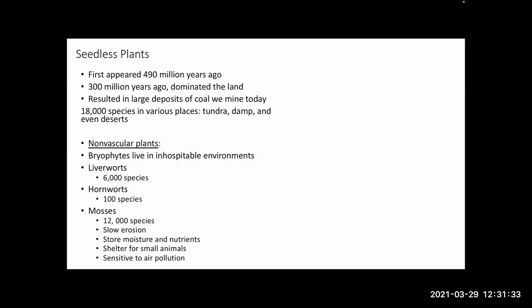That type of growth really slows down erosion, but it also allows nutrients and moisture to be stored in those mats. They also provide shelter for small animals. A lot of small animals will live inside those mossy patches. But they're also really sensitive to air pollution, so we can use the presence or absence of mosses as indicators for what's happening in the surrounding environment.